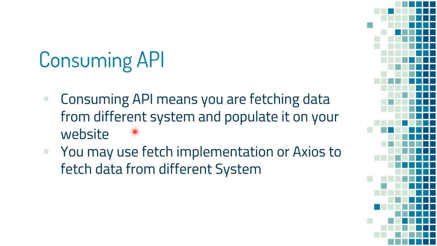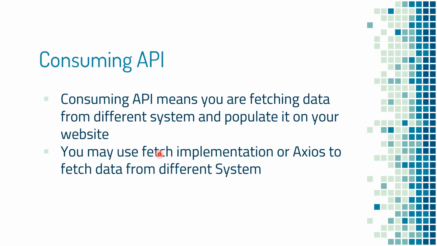There are two common libraries usually used when you are trying to consume an API. The first one is to use the fetch implementation, which uses an Ajax implementation. That means the request is sent in the background.